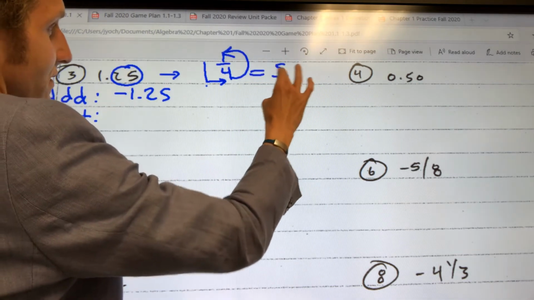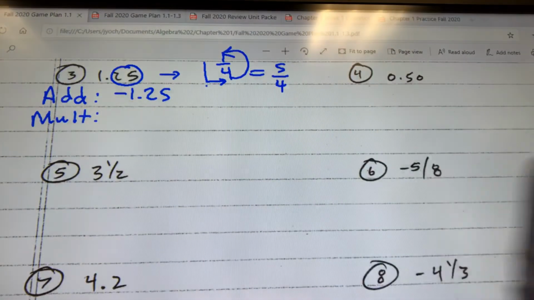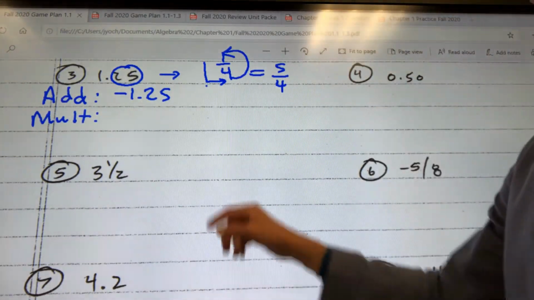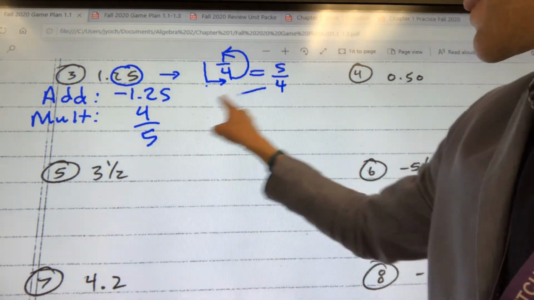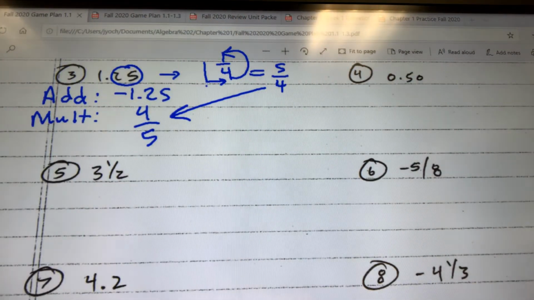This is 5/4. So the multiplicative inverse here is another name for the reciprocal. It'll be 4/5. If I multiply 5/4 by 4/5, I get 1. That's the name of the game.